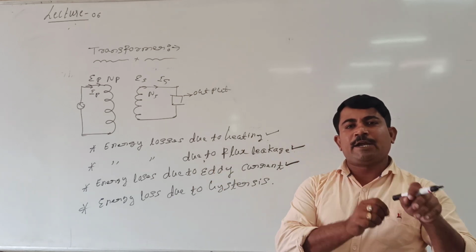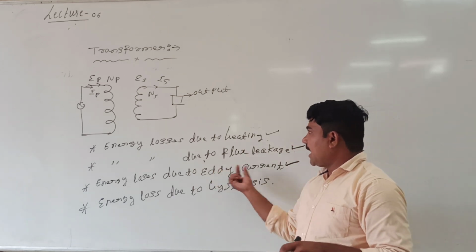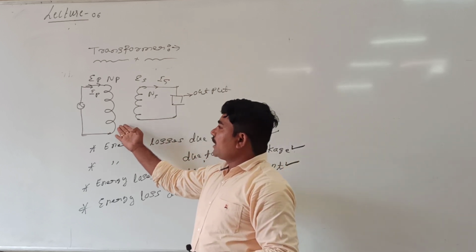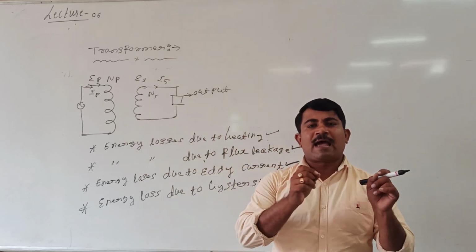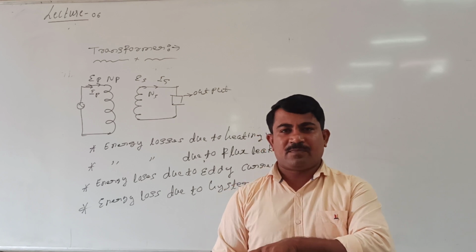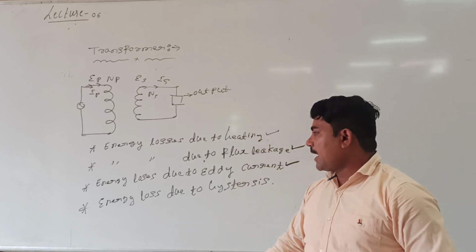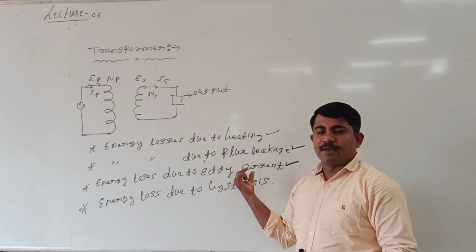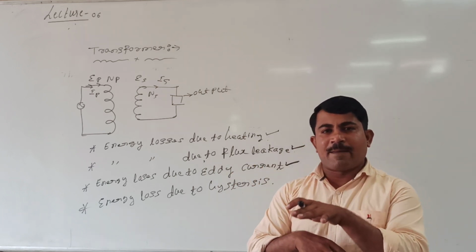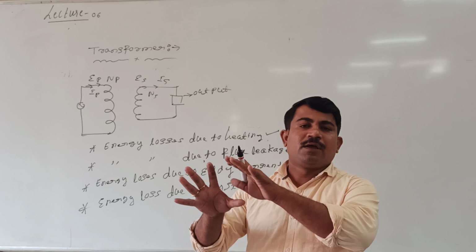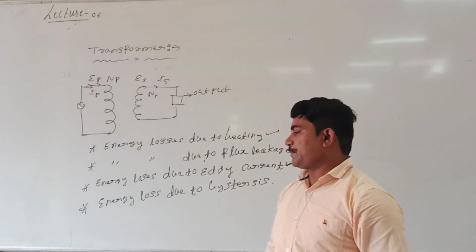To avoid eddy loss, what to do? To avoid the eddy loss, the primary coil and secondary coil are laminated on a soft iron core. Due to that, eddy losses can be prevented. I mean the primary coil and secondary coil are laminated and wound on a soft iron core.